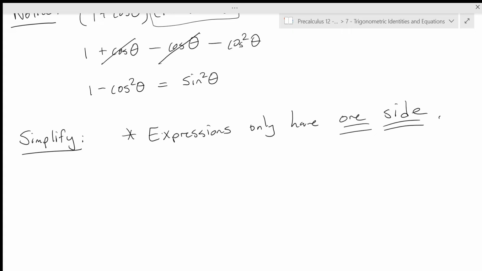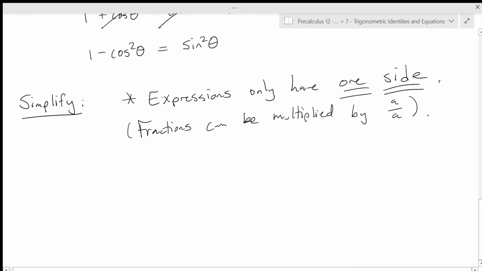However, we can use fractions, which can be multiplied by a over a. So you can multiply a fraction by the same thing, numerator and denominator, but you can't multiply both sides or divide both sides to simplify an expression.